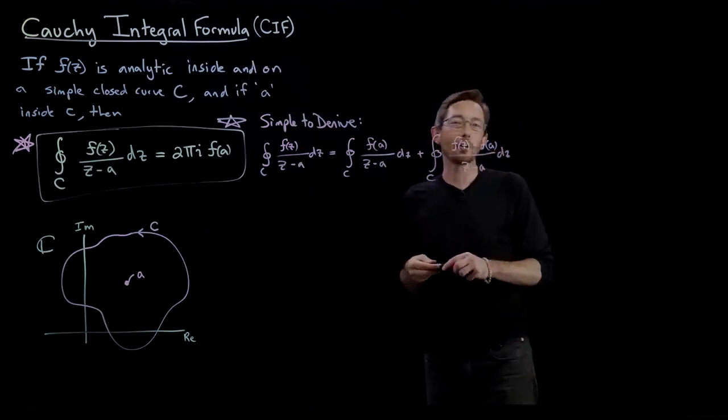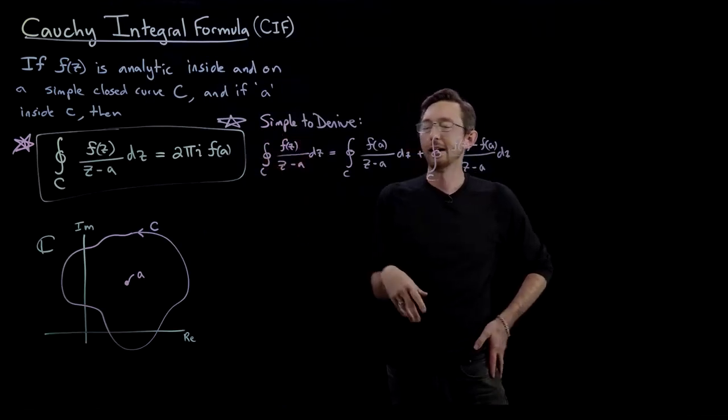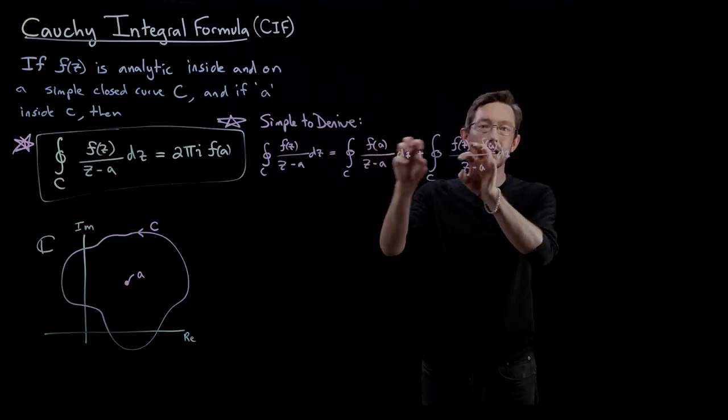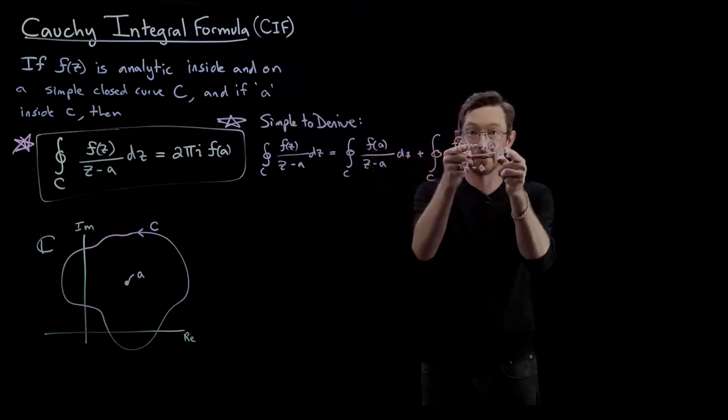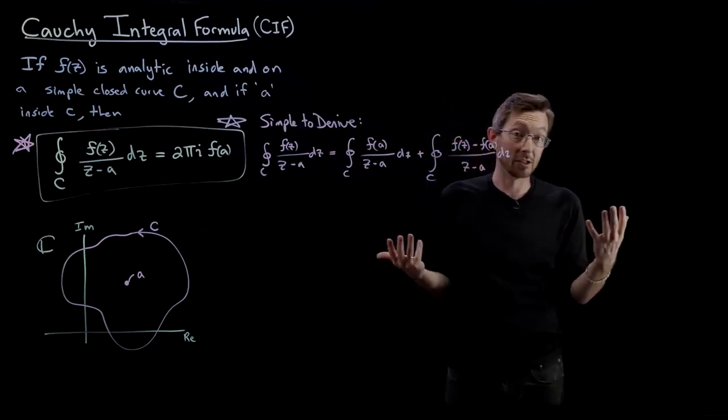Now, how could this possibly be benefiting me? I'm literally just saying, okay, well, it's f of z minus f of a plus f of a. I've subtracted f of a here and I've added f of a here. Seems like I didn't really do anything.